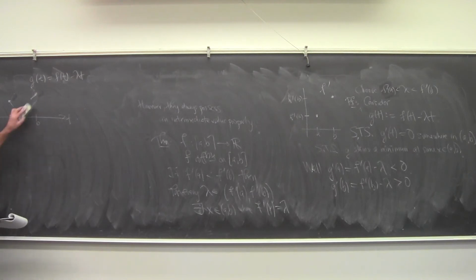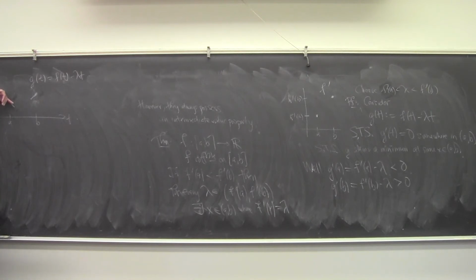Okay, so now it's ready. So what are we going to say? I know that the slope here is negative, so I'm going to trap it under a line that has half of that slope.